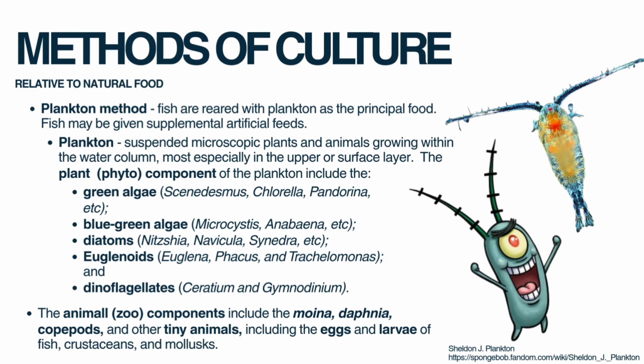And the dinoflagellates, Ceratium, and Gymnodinium. While the animal or zoo components include the Moina, Daphnia, copepods, and other tiny animals, including the eggs and larvae of the fish, crustaceans, and mollusks.